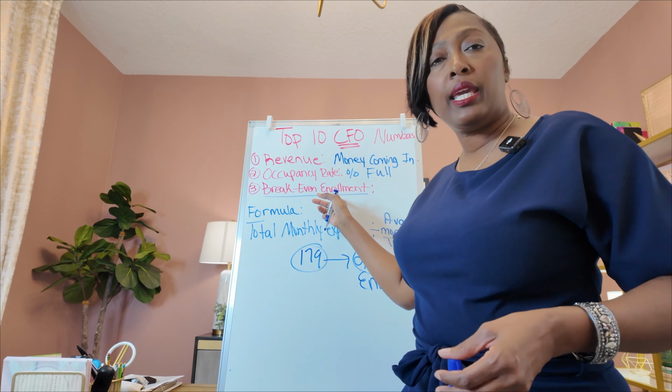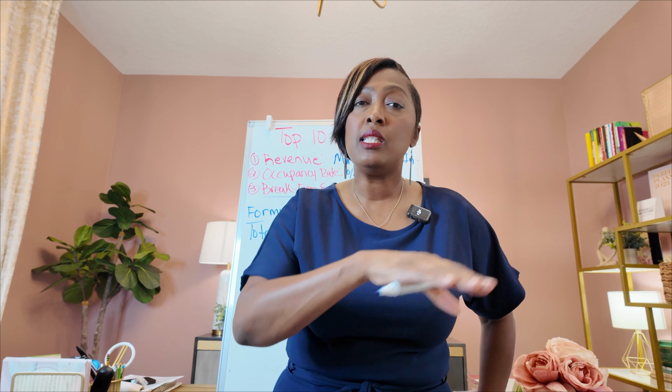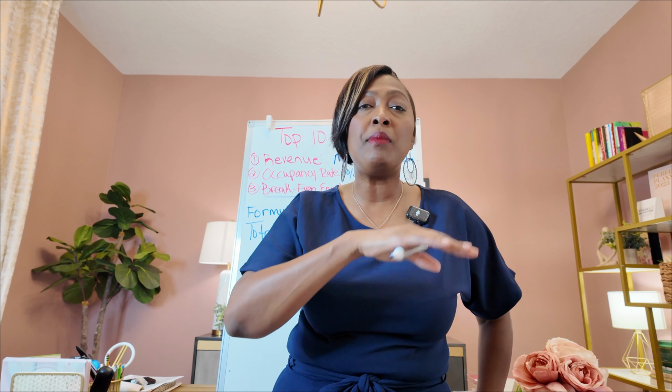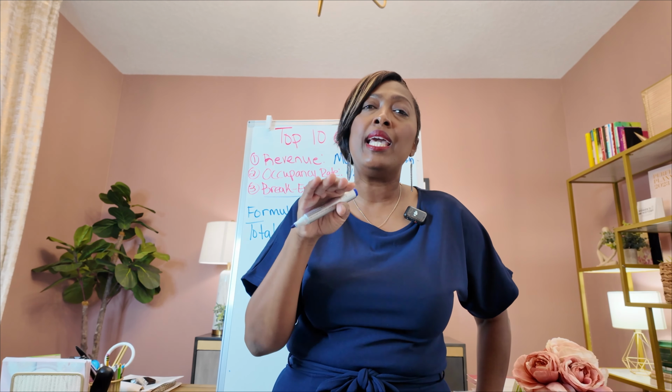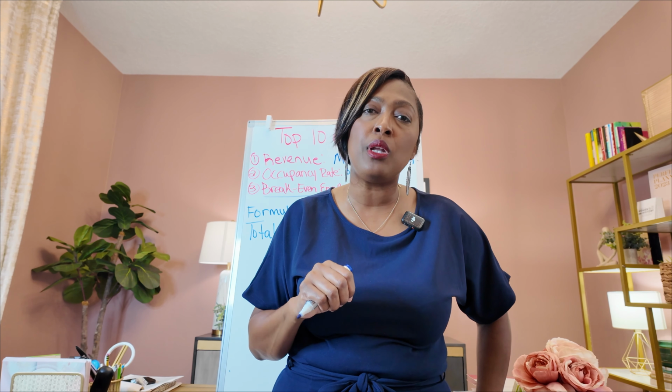Why is this break-even enrollment important? Real simple. If you know how many enrollments you need to just break even, that means you're not losing money and you're not making money, but you are able to pay your bills, and it allows you to sleep at night when you know that number.